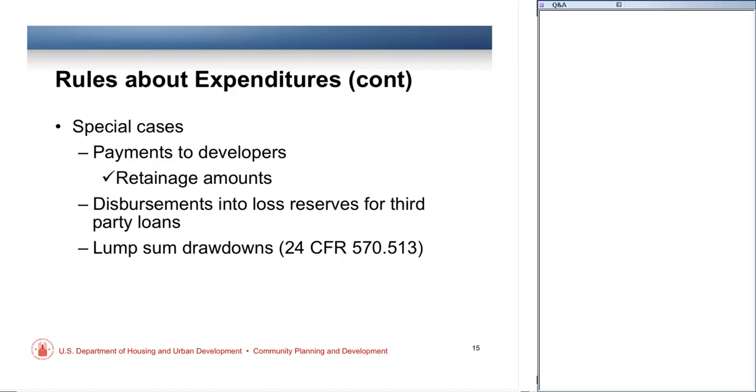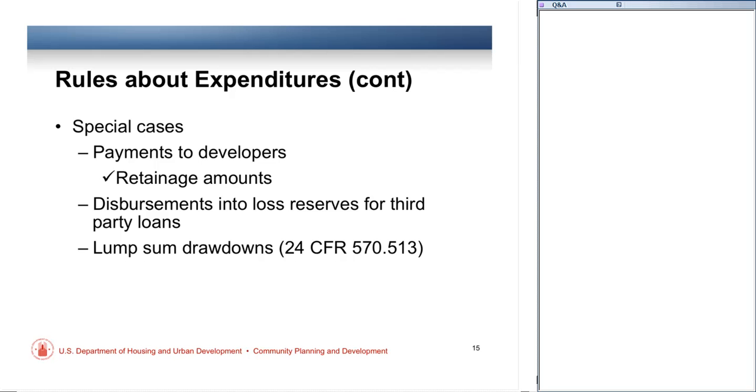But as long as that's done, the amount of disbursement into the loss reserve can be counted as an expenditure. Paul, when you say dispersed into the loss reserve, that's per property, right? Or per transaction. Per transaction, right.